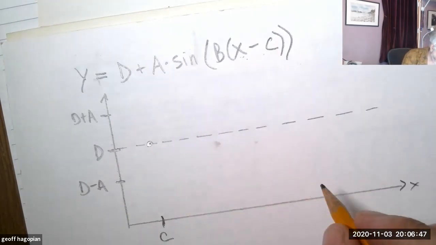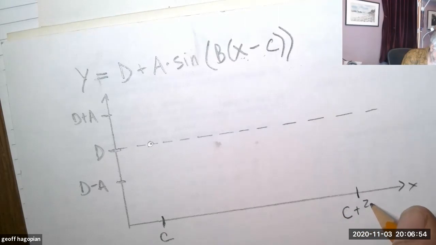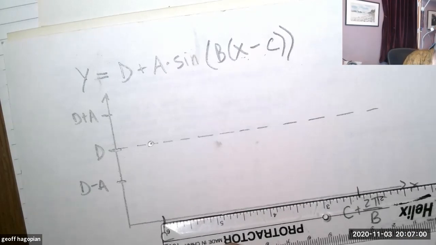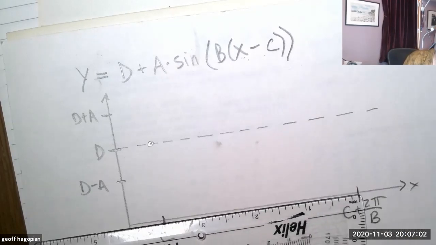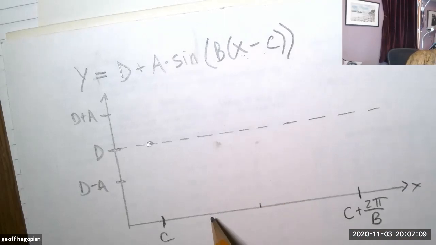Then C is our phase shift, right? So we're going to start at equilibrium when x equals c, c minus c is 0, sine of 0 is 0, d plus 0 is d, right? So you start at equilibrium. And over here, we're going to have one wavelength down the road. So that's going to be our starting position plus 2 pi over b. And then we want to divide that into equal pieces. Let's see. So dividing it in half will take us to about here. I'm just going to eyeball it.